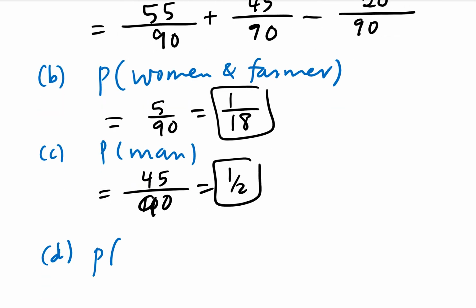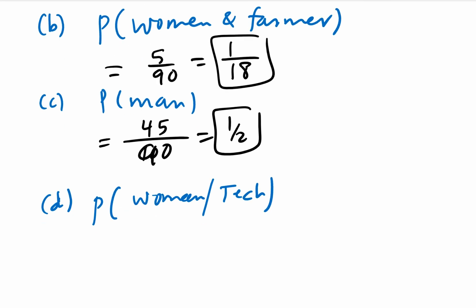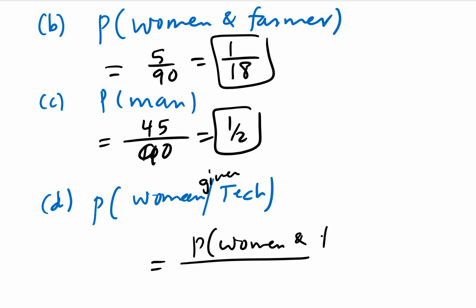One other part, probability women given tech. So the slash means given. So that tells you that it can be found by the number of women and tech at the same time divided by the probability of tech.